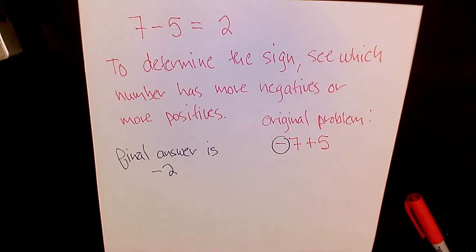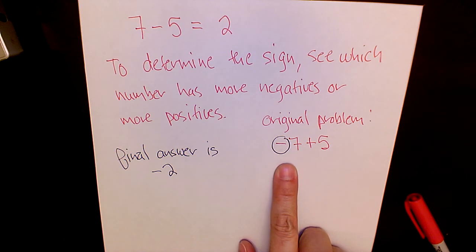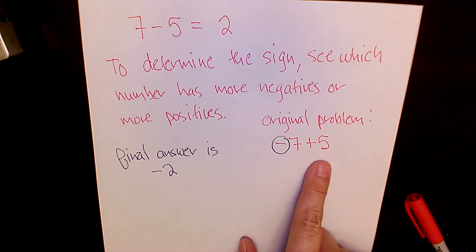So to recap, I subtracted both of those. First, I made the 7 positive and subtracted, and I got a 2. And then I looked back at the original problem to see who had more, and there are more negatives with the 7 than there are positives with the 5.